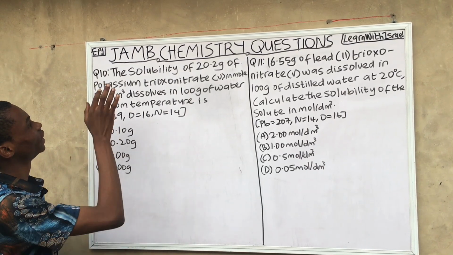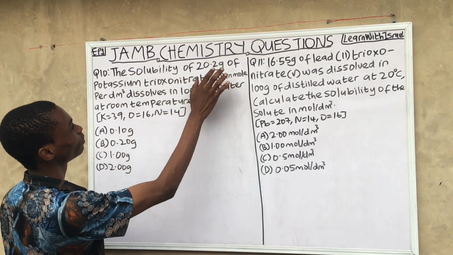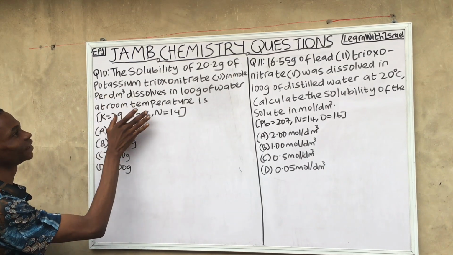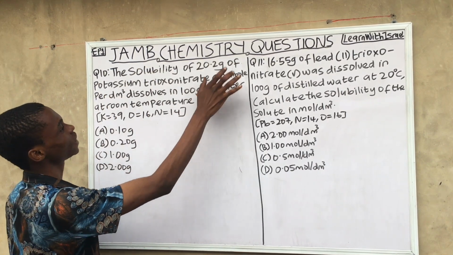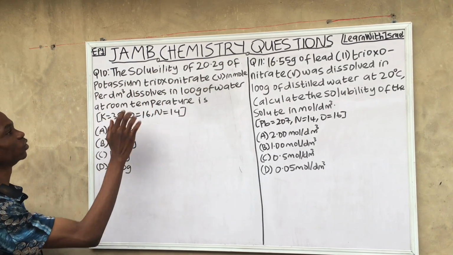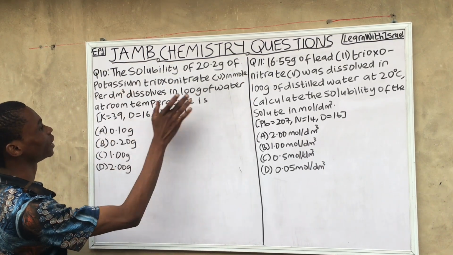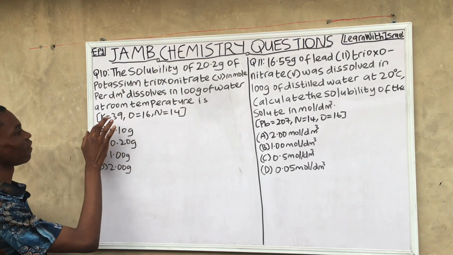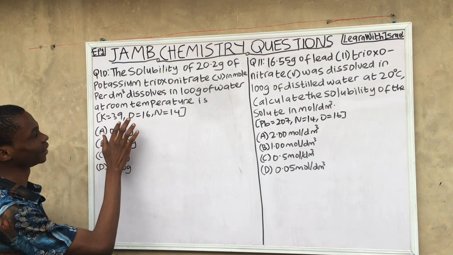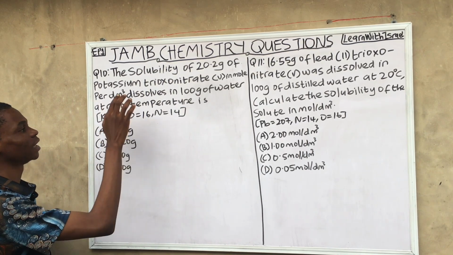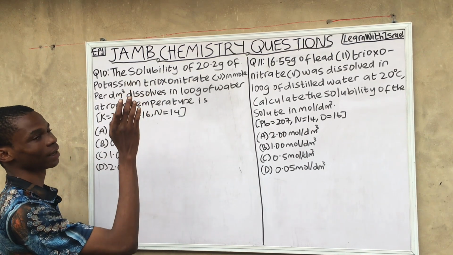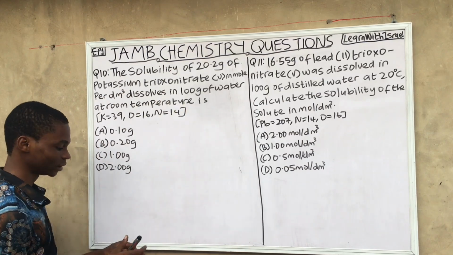Question 10 says, the solubility in mole per dm³ of 20.2 grams of potassium nitrate that dissolves in 100 grams of water at room temperature is, so we have our K, which is potassium, as 39, which is the molar mass, our oxygen 16 as the molar mass, and our nitrogen 14 as the molar mass.